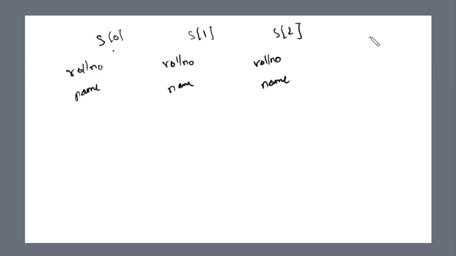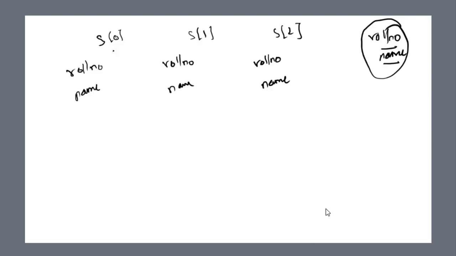Inside a structure I have created roll number and name. So when I created these 3 instances, the structure elements are copied to each one of these 3 structure variables.